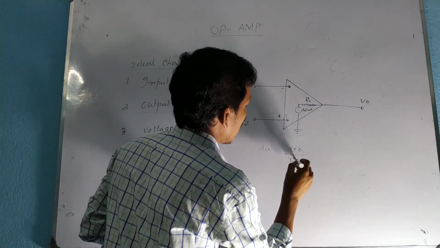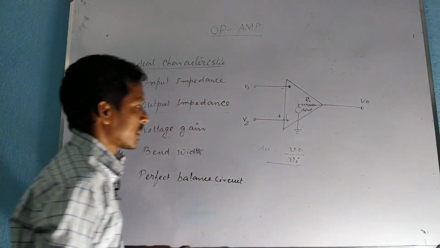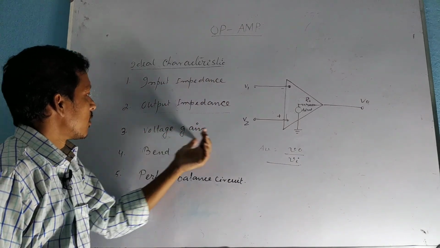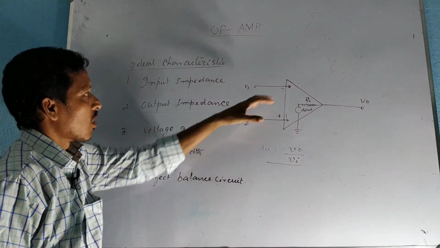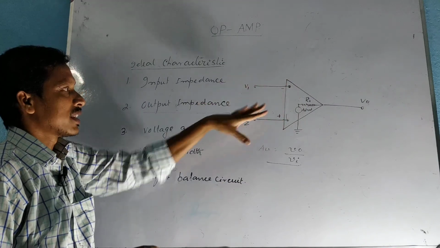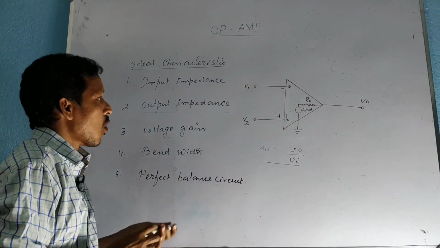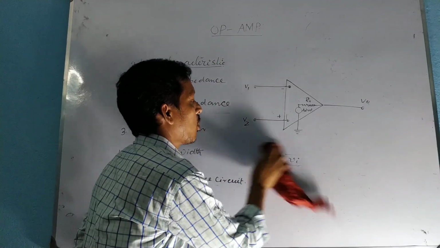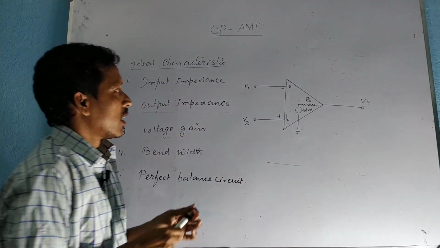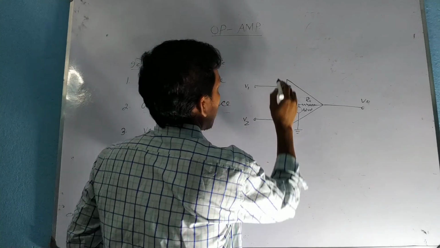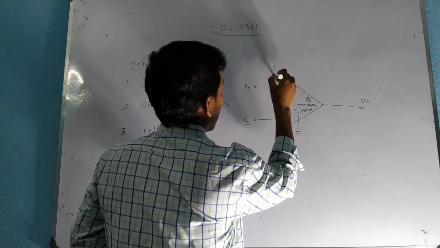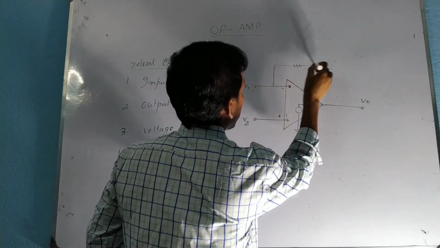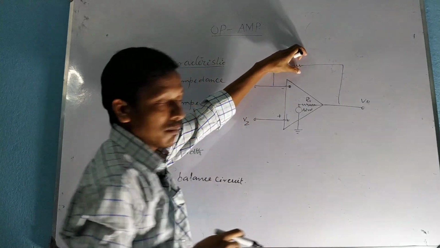Voltage gain means output voltage by input voltage, but for an ideal operational amplifier, the open loop voltage gain is infinite. What do you mean by open loop? If we apply a resistance between the input and output, it is called the feedback resistance.